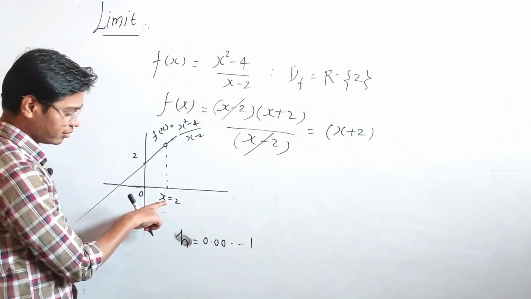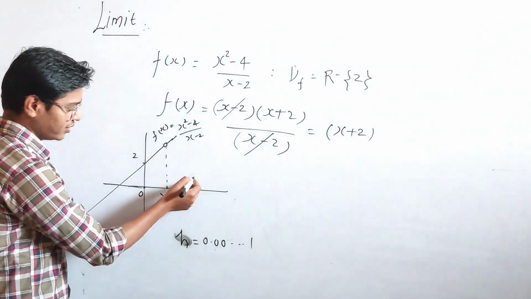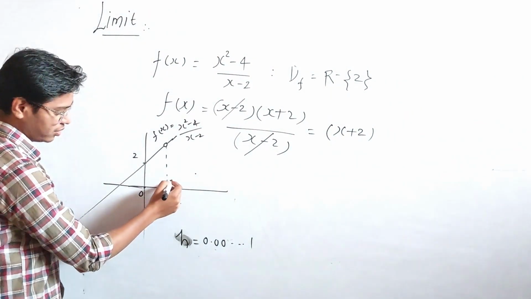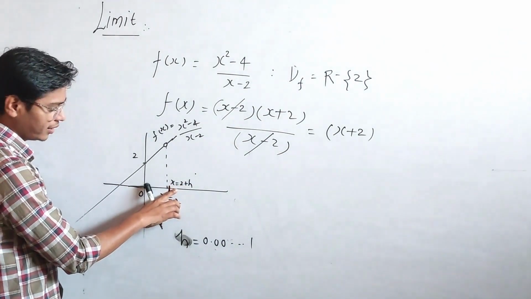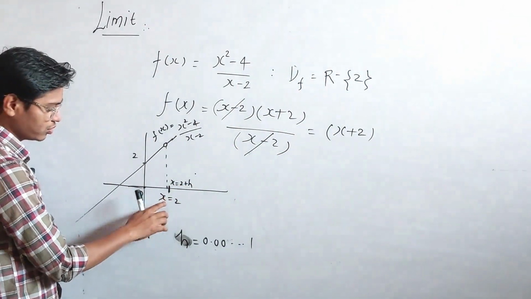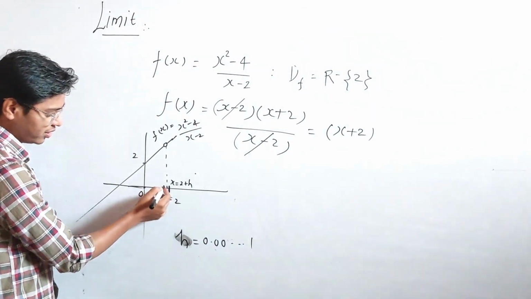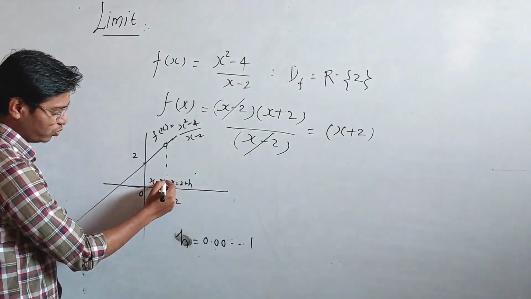So if we add this value to x equal to 2, then we get 2 plus h. This point x equal to 2 plus h is called the right hand point of x equal to 2. If we subtract h from x equal to 2, then we get the point x equal to 2 minus h.